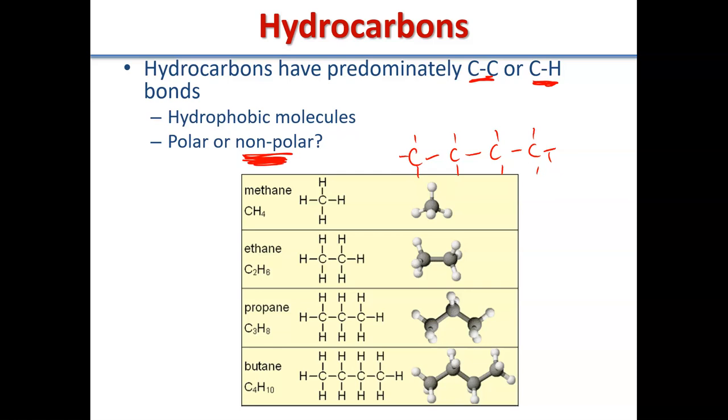So these molecules are hydrophobic, meaning they have a fear of water. That's a great telltale sign to let you know that it is a non-polar interaction there, because hydrophobic molecules tend to be non-polar. Some of these you may have heard before: methane, ethane, propane, if you're on a grill, or butane. So these are all examples of hydrocarbons.